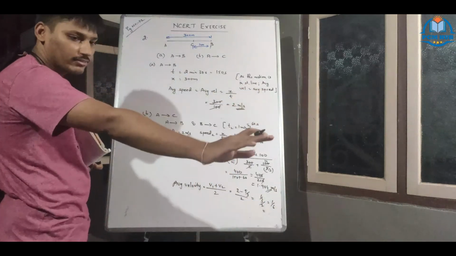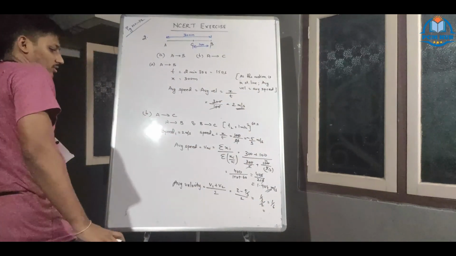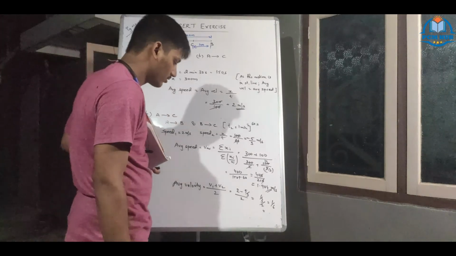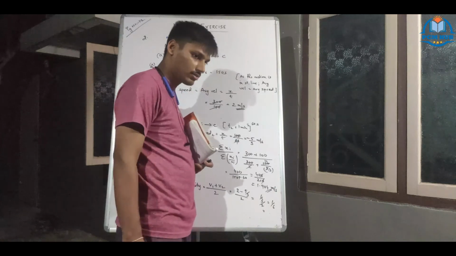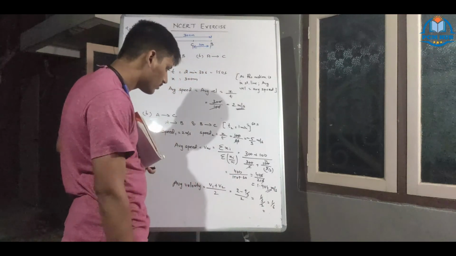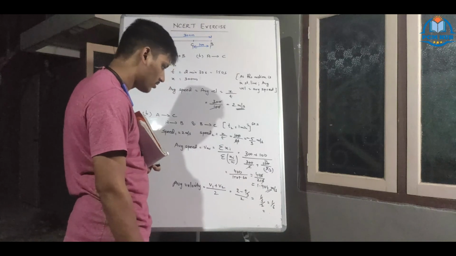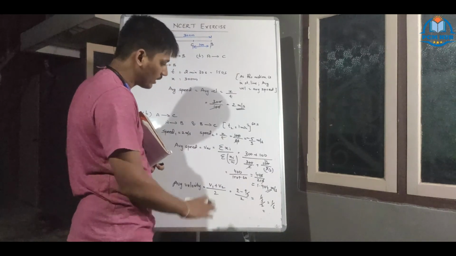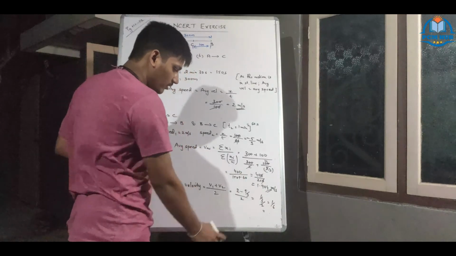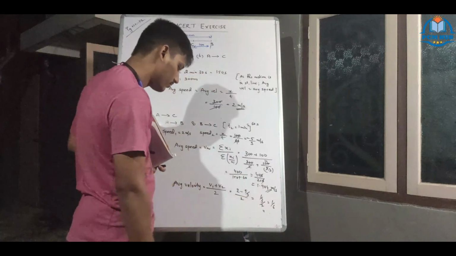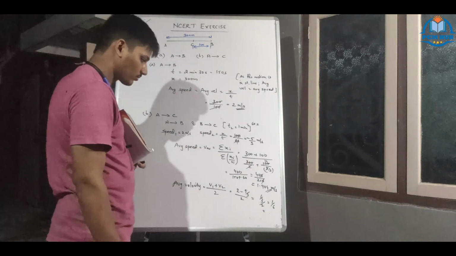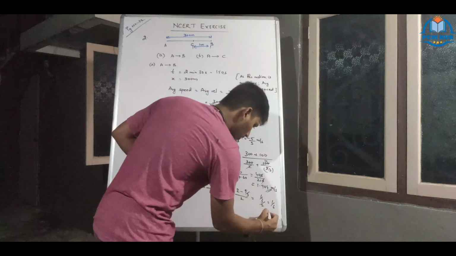Just wait, don't write. So what is 1 by 6? Where will the minus come? No, that is correct. Why did this answer come out wrong? 16 2 by 3.